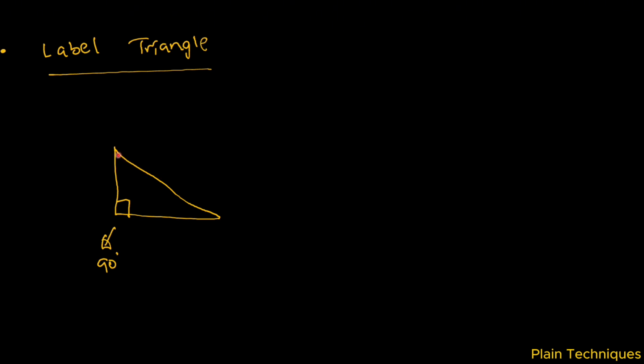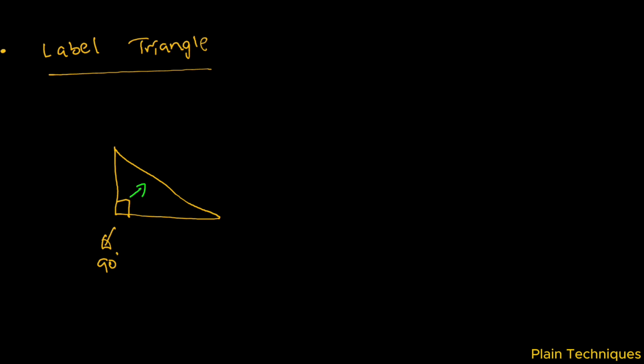What is a hypotenuse? A hypotenuse is the longest side of the triangle. And how do you identify that longest side? You look at that 90 degrees sign, where it's pointing. This is where that 90 degrees is pointing. It's always pointing towards the hypotenuse.